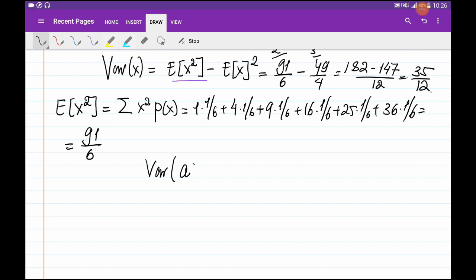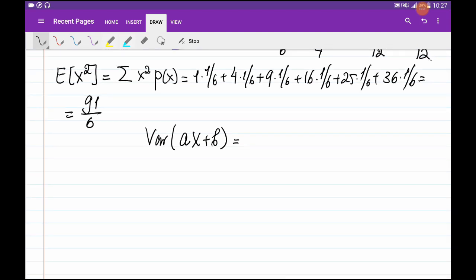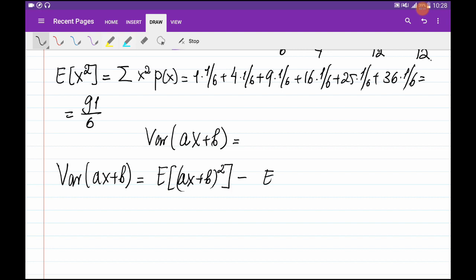Let's calculate the variance of aX plus b and try to get some rule to do this. In order to calculate this, let us write the variance of aX plus b using the formula which we derived previously. So the expectation of aX plus b in the square minus the expectation of aX plus b in the square.